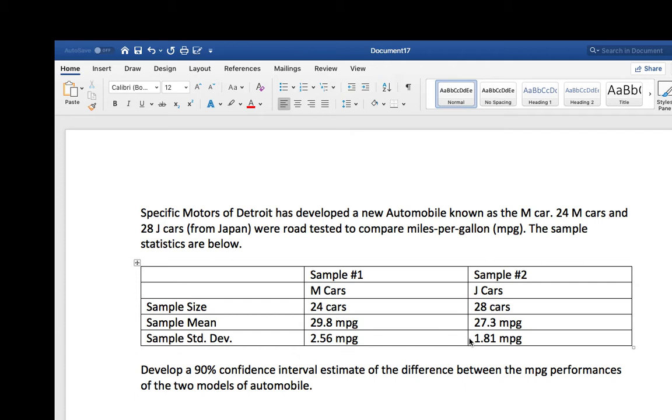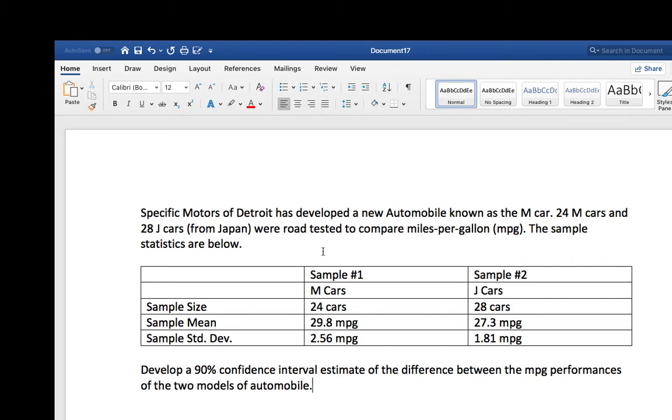If you remember from the earlier videos, the t-distribution has degrees of freedom. And with two-sample t-distribution questions, the degrees of freedom had that horrendous formula. But fortunately, there's going to be an Excel template which we can use on exams to solve the degrees of freedom. So let's get on with this question.